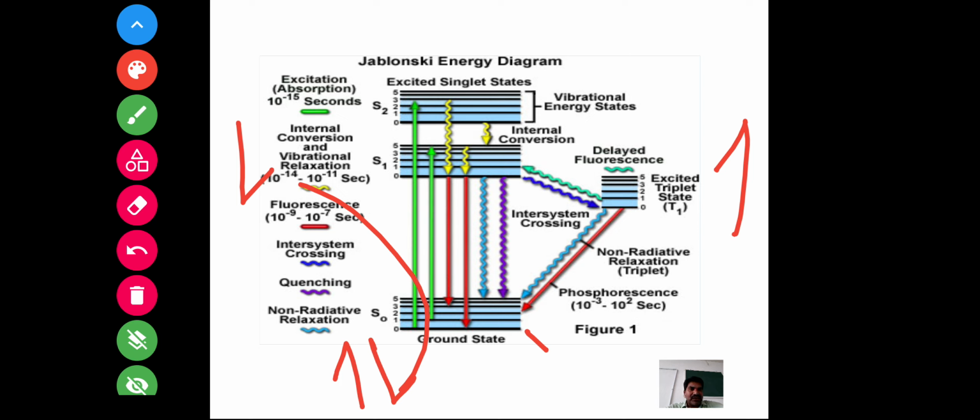Afterwards the electron deactivates to its original ground state via liberation of energy. Sometimes it may be non-radiative relaxation, sometimes it may be radiative relaxation. That means it gives up the radiant energy in the form of light. This process of emission of light from the triplet excited state to the ground state is known as phosphorescence.